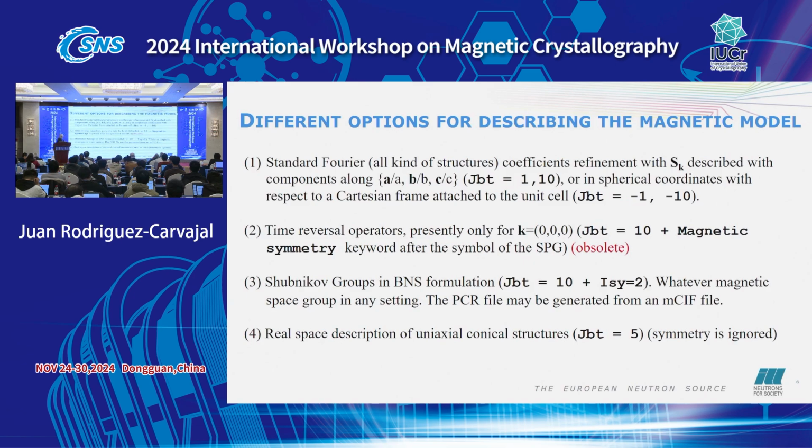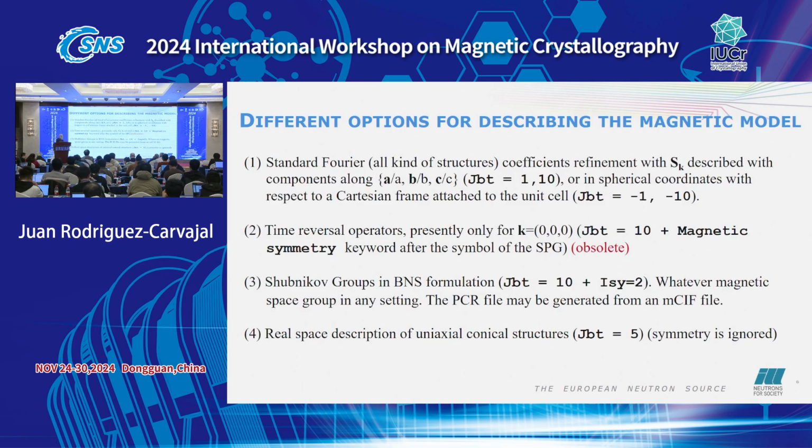The third method is to use Shubnikov magnetic space groups using the BNS formulation, which is JBT equal to 10 plus IC equal to. These two numbers tell you that the rest of the PCR file described in this phase is for working with magnetic space groups. Then for whatever space group in any setting, the PCR file may be generated from an mCIF file.